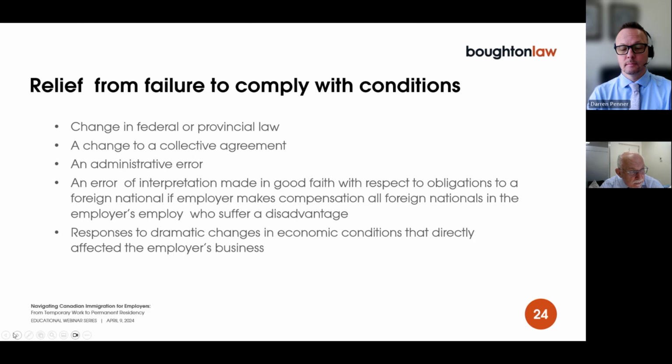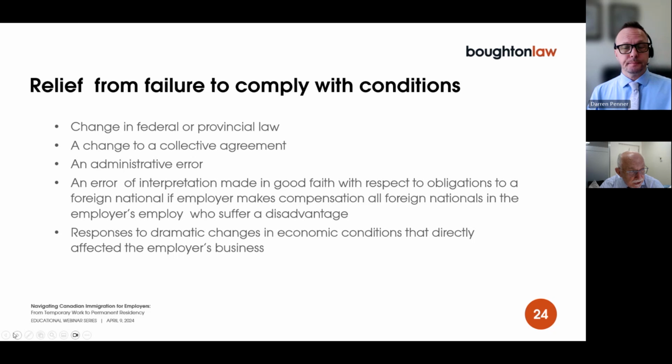And that relief may come about from a change in federal or provincial law, a change to a collective agreement, an administrative error, and an error of interpretation made in good faith with respect to obligations to a foreign national, if the employer makes compensation to all foreign nationals in the employer's employ who suffer a disadvantage.